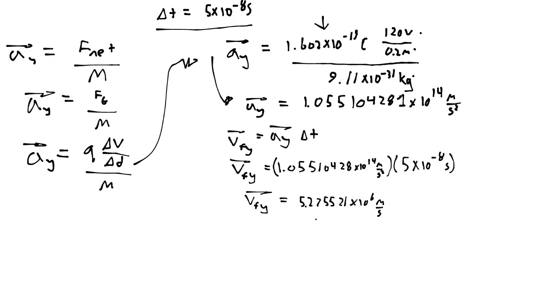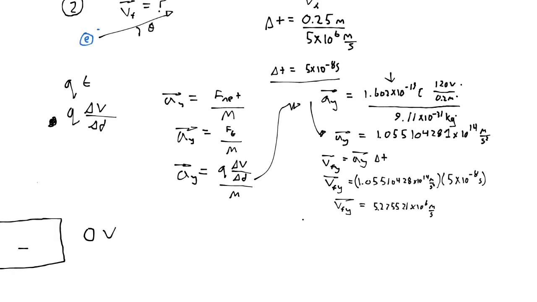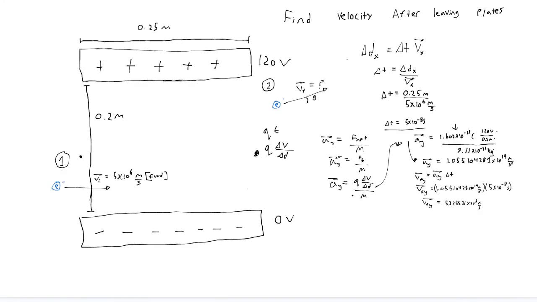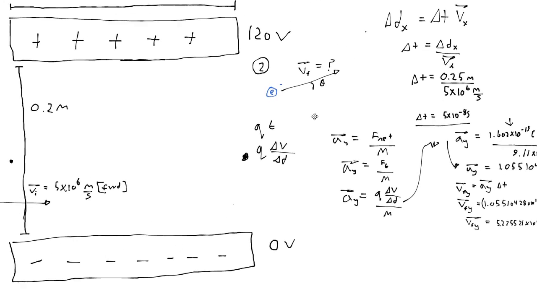Okay, so we got the number there, and now we know what the x and the y component is of our final velocity. So now we just need to put the two things together.